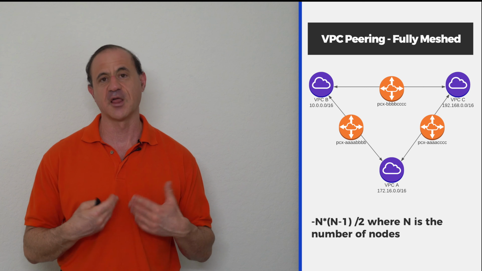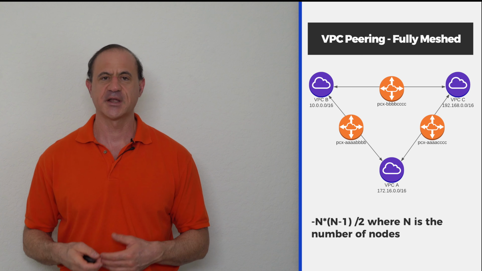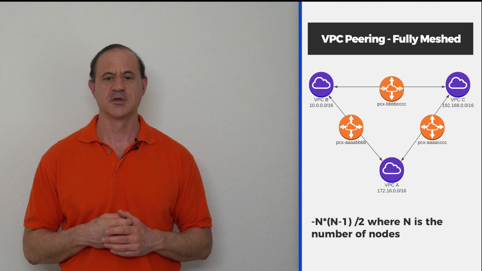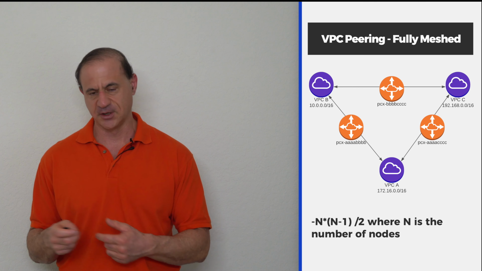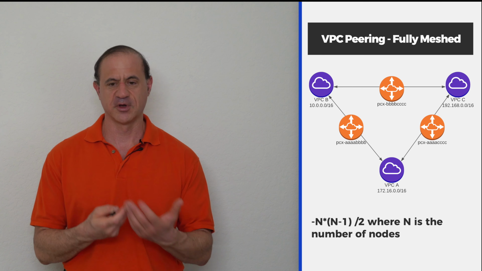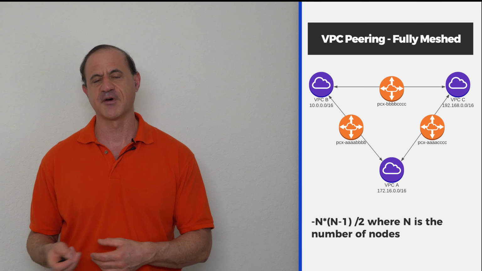And the formula to figure that out is actually going to be n times (n minus 1) divided by 2. So let's say we have 10 VPCs. We're going to take 10 times (10 minus 1), which would give you 90, and then we're going to divide that by 2. So you're going to have 45 connections for just 10 VPCs that need to peer with each other. Now imagine 50 VPCs, 100 VPCs. It could become problematic very fast.